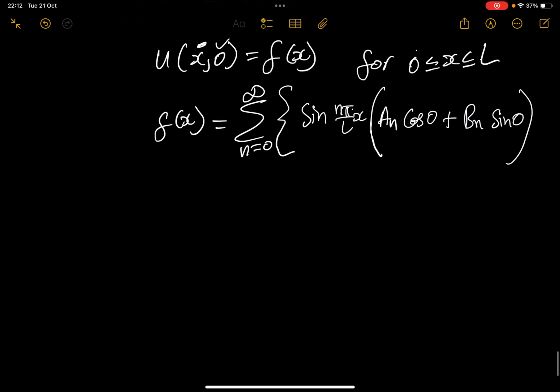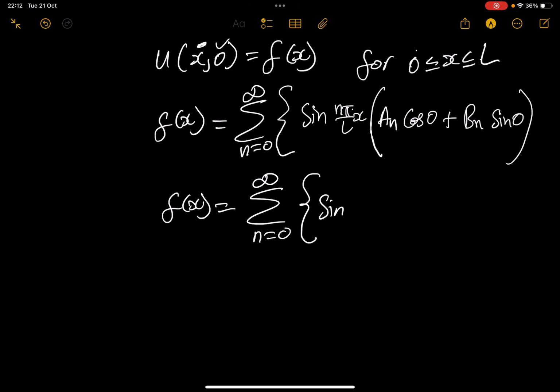So this f of x is going to be the summation when n is equal to 0 to infinity of sine n pi over L x, and then this is multiplied by this an.